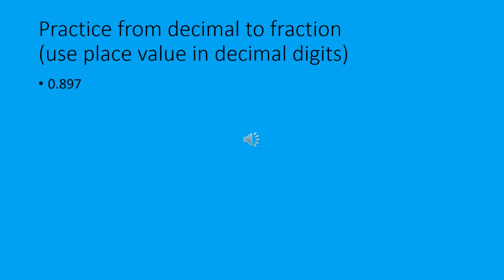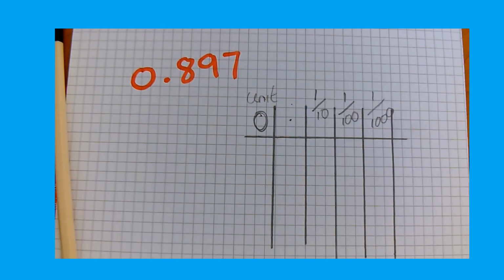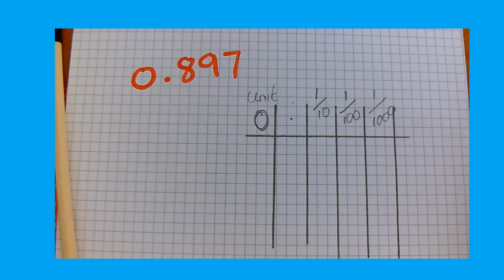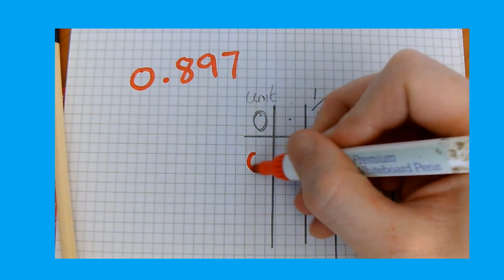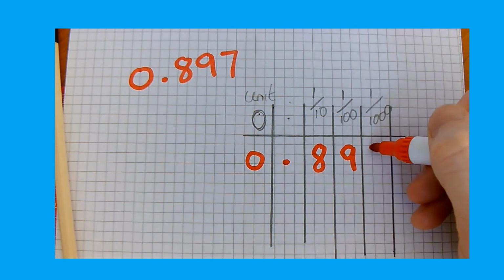So our final practice question is another one from decimal to fraction, and now we want you to change 0.897 into a fraction. So to put 0.897 into fraction form, you'd put it into our table. 0.897.